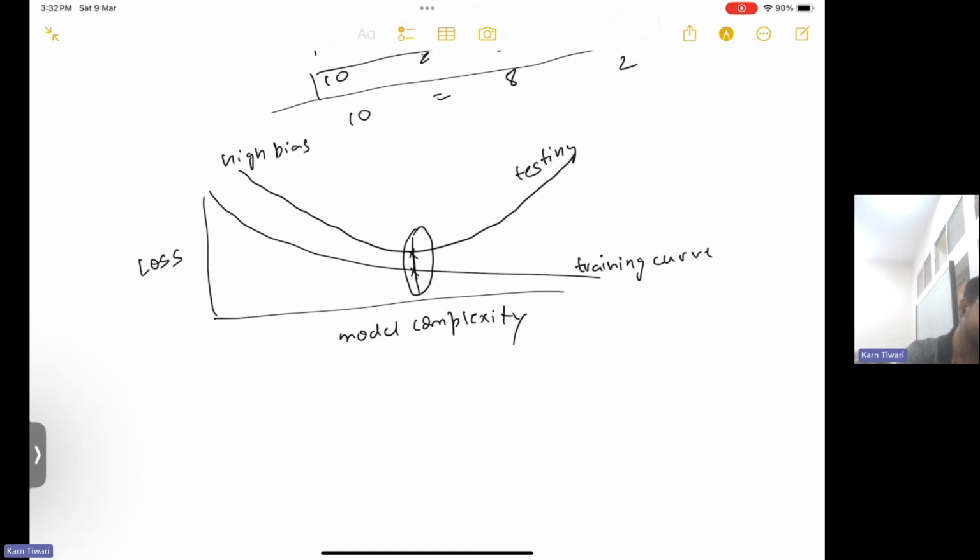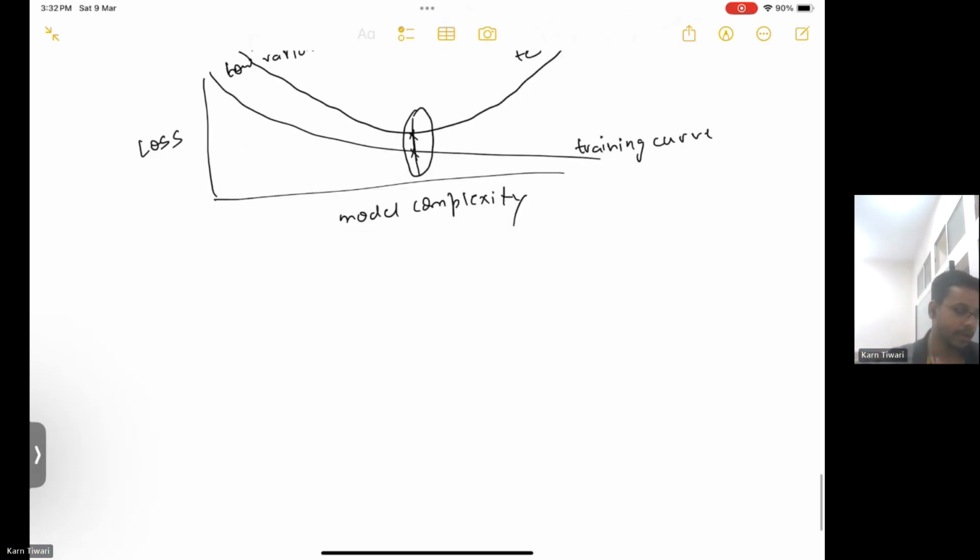This region is high bias, and this region is low bias. This region will have low variance, and this region will have high variance. So this is what happens.